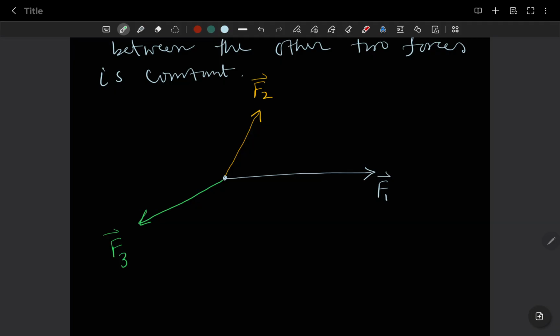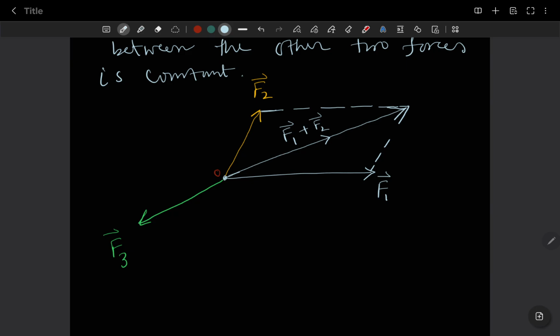These three coplanar forces act at this point O. First let us complete this parallelogram. So this will be the resultant of F1 and F2, which is F1 plus F2.